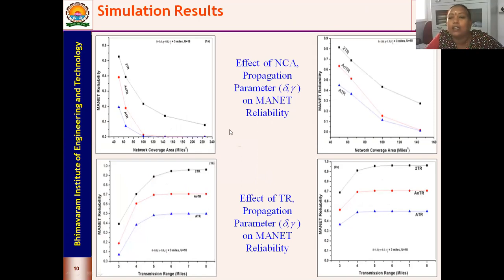How can I increase my reliability at a larger coverage area where I have the number of nodes as 18 and my transmission range is 3 miles, but I need a good reliability? In this particular plot, you can see that when my area is something around 220 square miles, it is something around 0.18, 0.13 or 0.14.